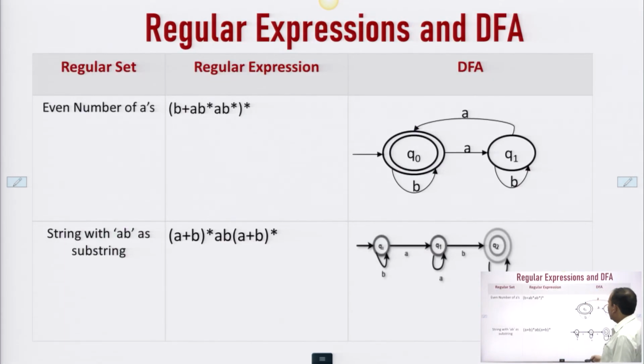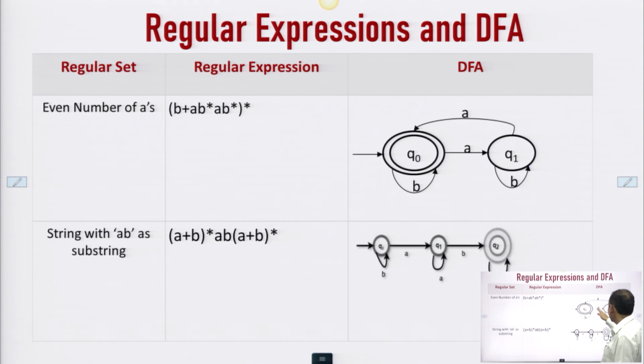Now in this slide we have two examples of DFA. You can see a table, and this is the regular expression for an even number of A's, and this is a DFA which recognizes an even number of A's. The machine starts in the initial state, Q0.